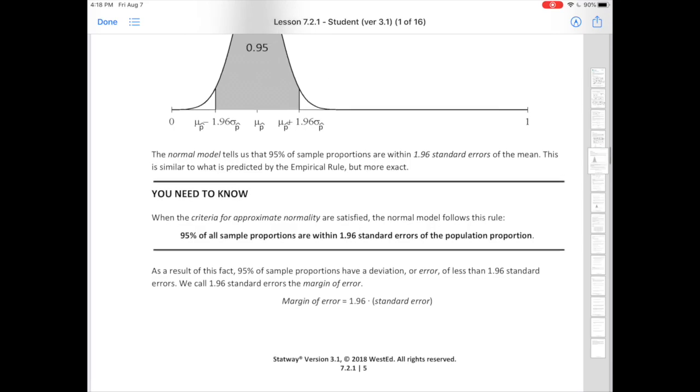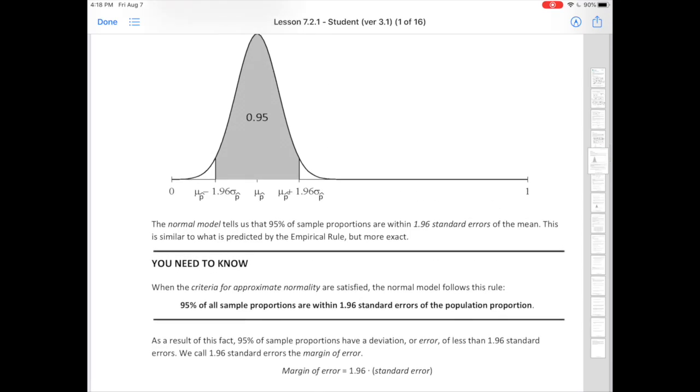So this is what we need to know. When the criteria for approximate normality are satisfied, the normal model follows this rule. 95% of all sample proportions are within 1.96 standard errors of the population proportion. Remember what sample proportions are.